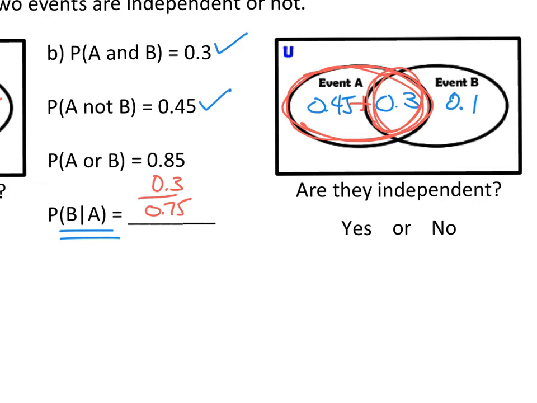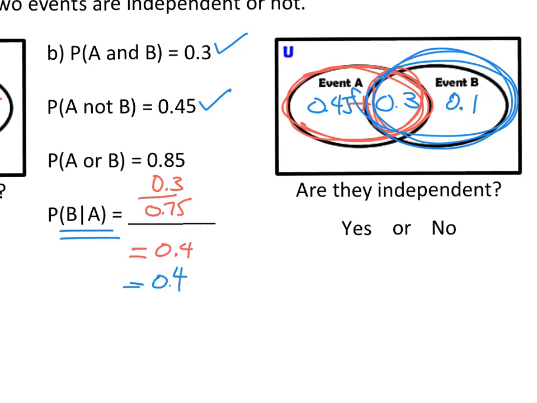So 0.3 divided by 0.75 is equal to 0.4. And the question is, what's the probability of B happening? When I look at my Venn diagram and I look at my B, I have 0.3 plus 0.1, so that is in fact 0.4.